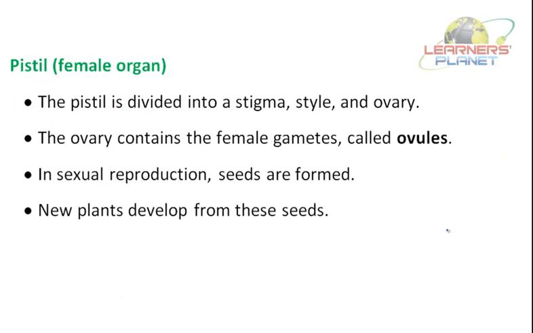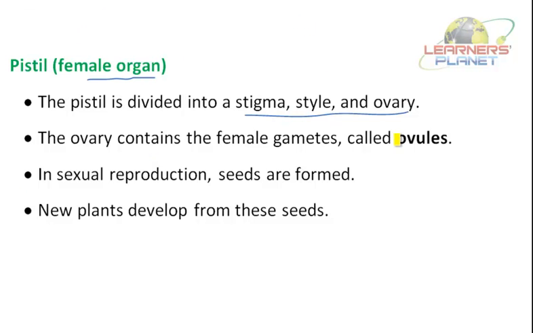Other than this, there are pistils, which are considered to be the female organs in a complete flower. Students, the pistil is divided into stigma, style and ovary, which we saw in the diagram. Here the ovary contains the female gametes called ovules. What do we call it?